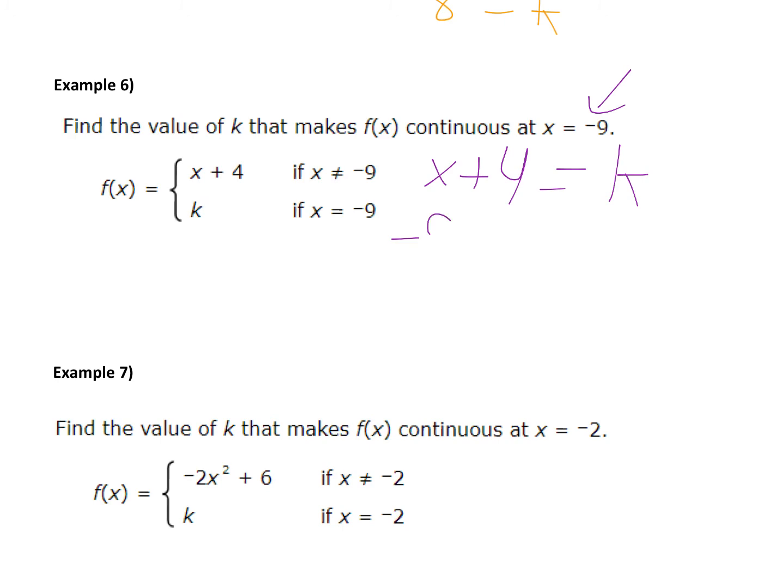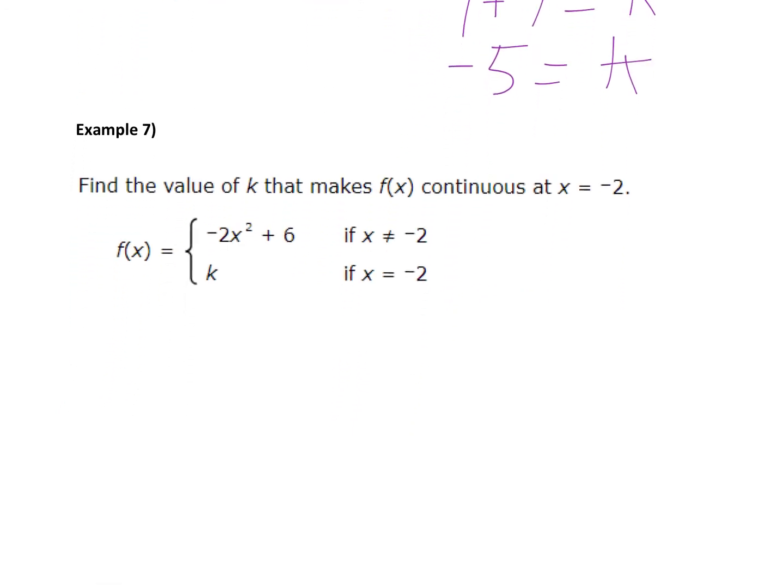We get negative 9 plus 4, and that's equal to k. Well, negative 9 plus 4, negative 5, is equal to k. Such that if k is equal to negative 5, this function is continuous at x equals minus 9.